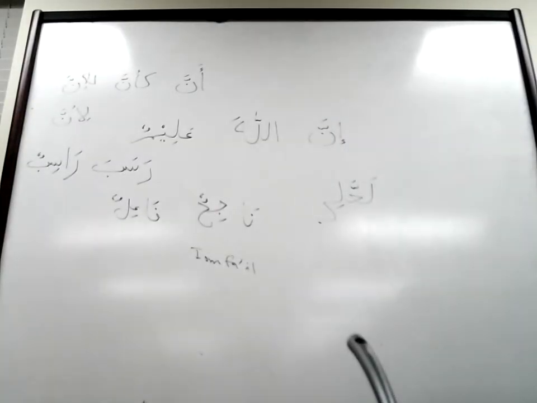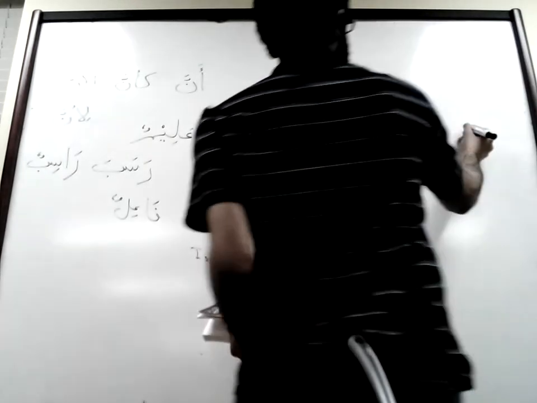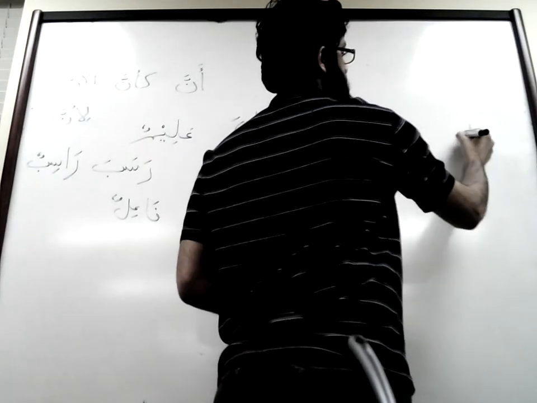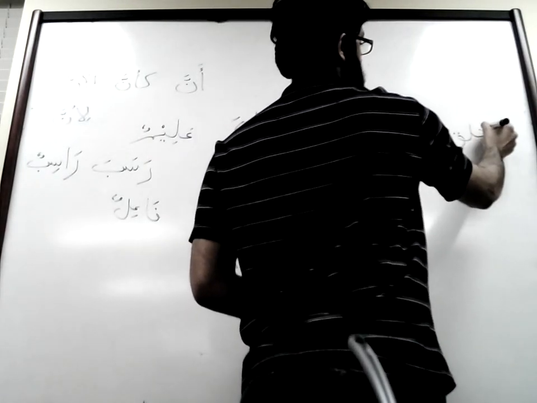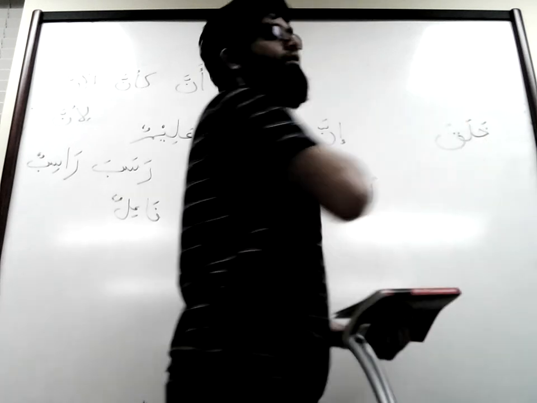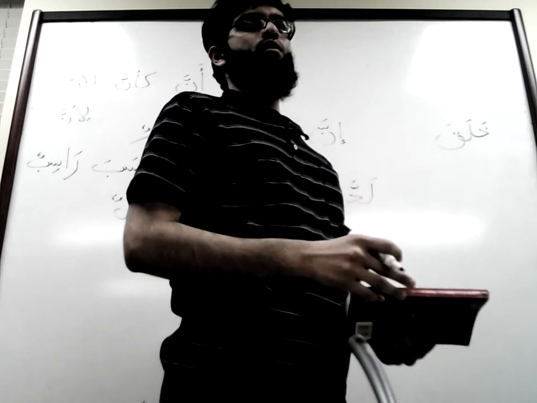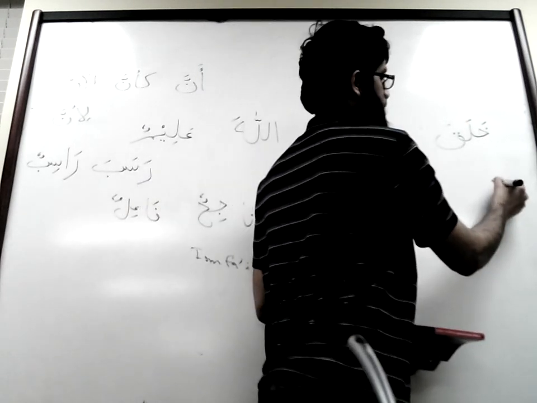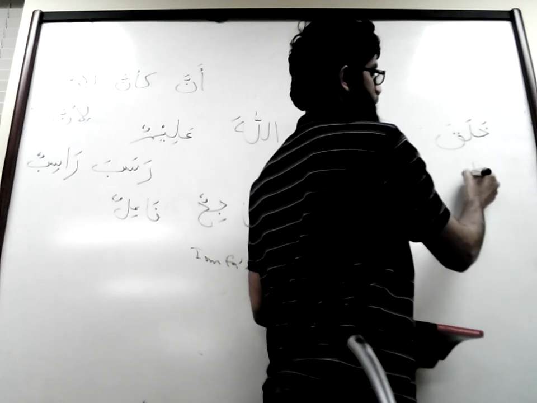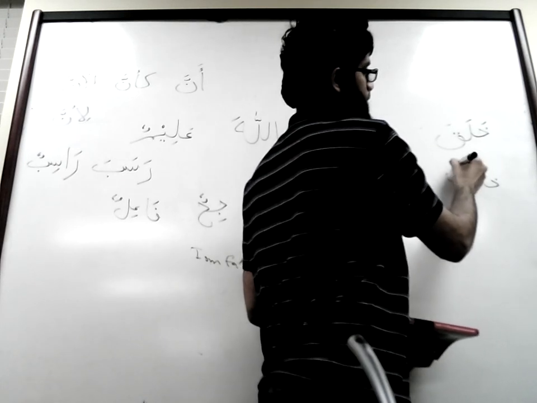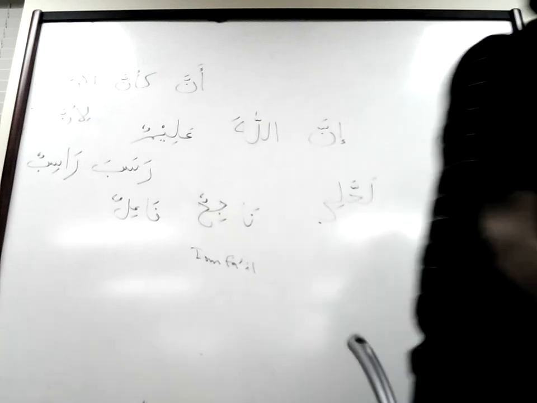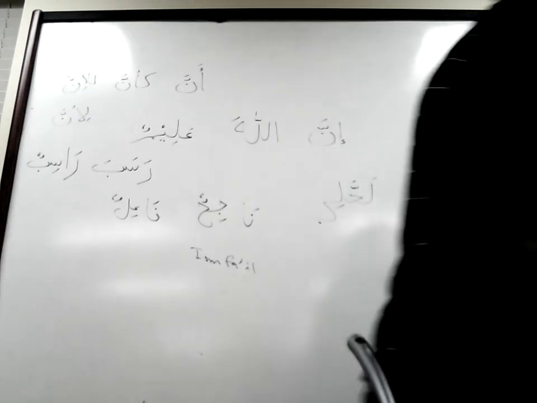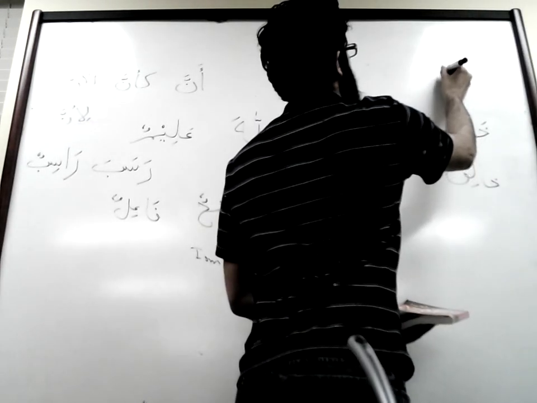What's another verb that's good for this? Khalaqa is he created. So make it ism fa'il. Khaliqun, right? Allah is in the Quran, Allah khaliqa kulla shay. Khaliqun. What about talaba?